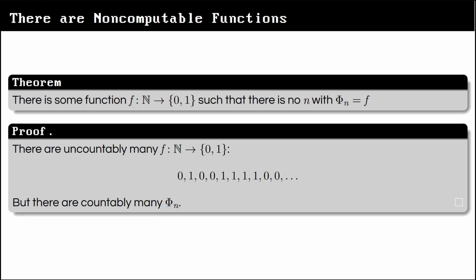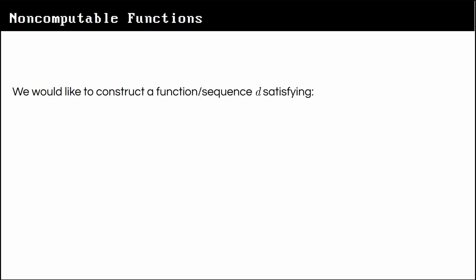This proof is important, but it's a little bit disappointing. It doesn't give us any sense of what these non-computable functions wind up looking like. Let me show you how we can explicitly construct a non-computable function d. Remember that we can also think of d as an infinite binary sequence. I'll start by keeping track of a list of conditions that we would like d to satisfy.